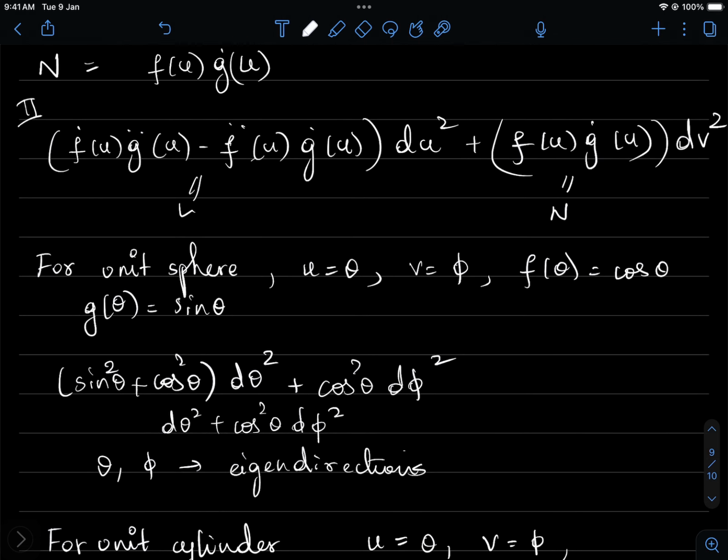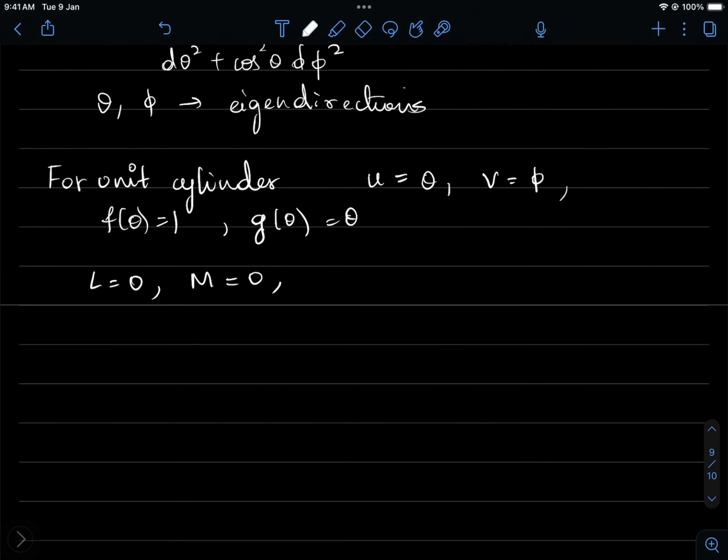For N, you can see this is 1, this is also 1, so you will get N equal to 1. So the second fundamental form for the unit cylinder is just d phi square. So it has only curvature along the phi direction. That's the interpretation. Okay, thank you.